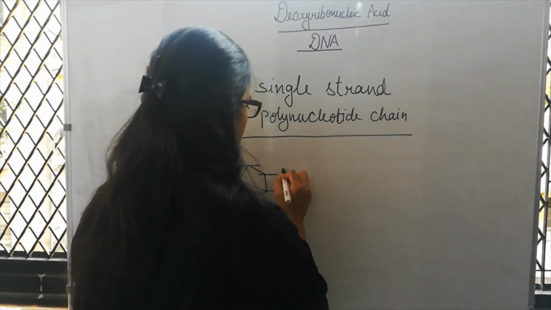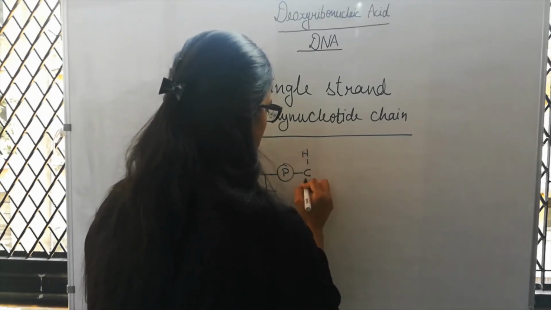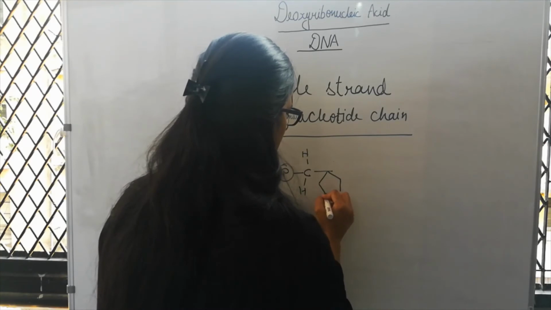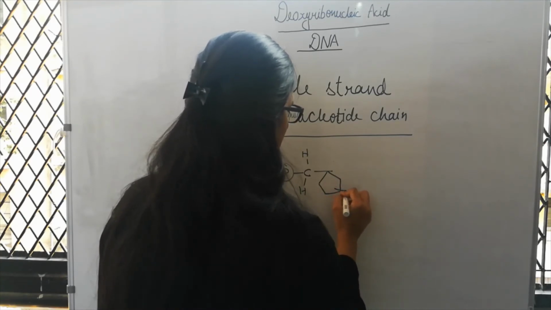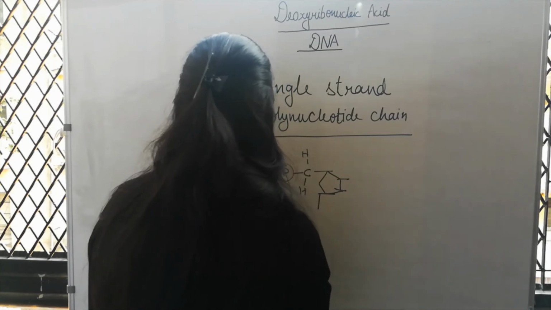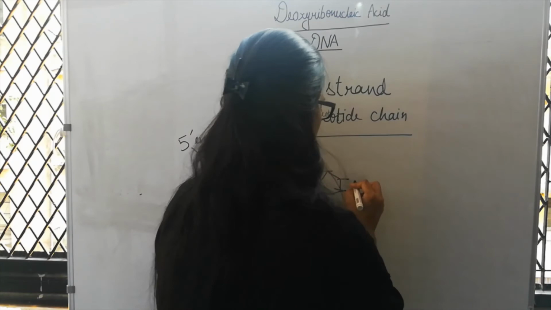And here is a phosphate bond, then another sugar is attached, and there is a nitrogenous base. It could be adenine, guanine, thymine, cytosine.